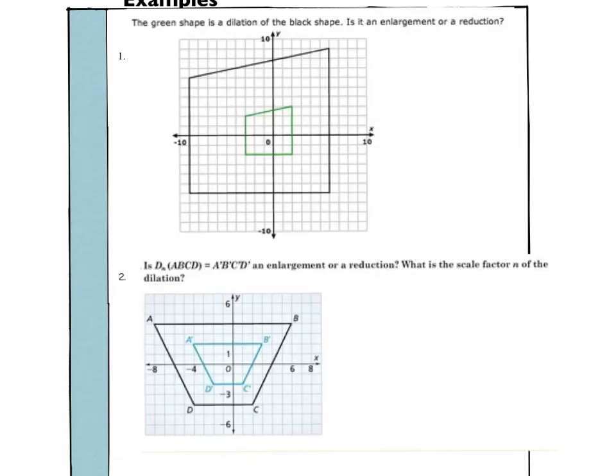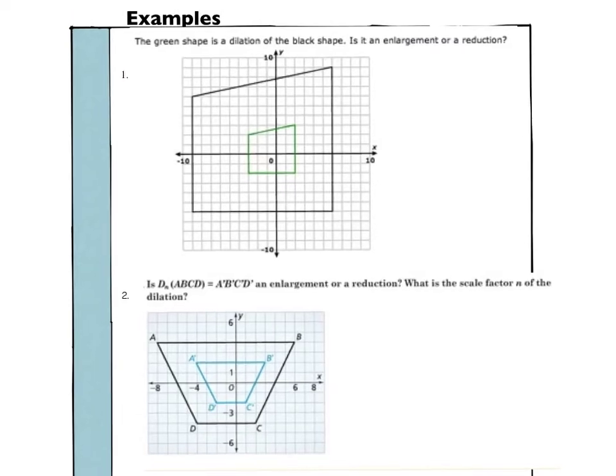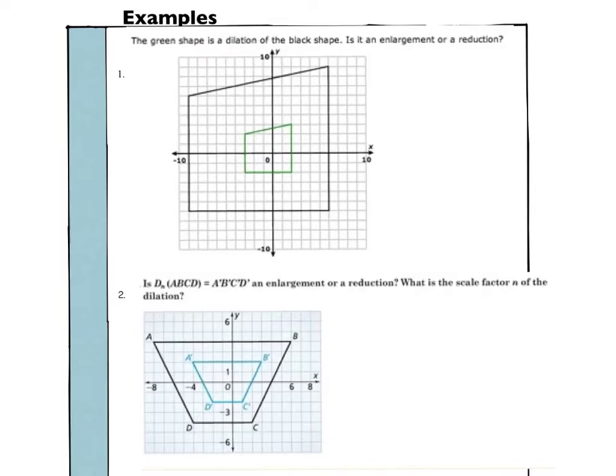Okay, let's take a look at our first example, number 1. It says, the green shape is a dilation of the black shape, which means that the green shape is our image and the black is our pre-image. So that means the green is our shape that we have now created.